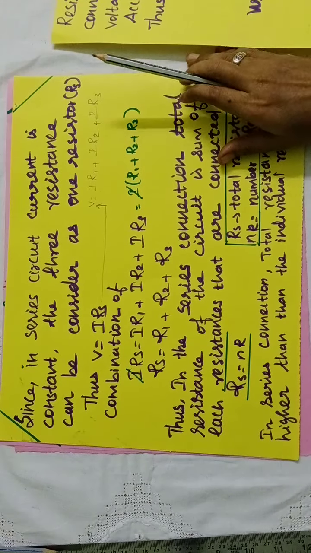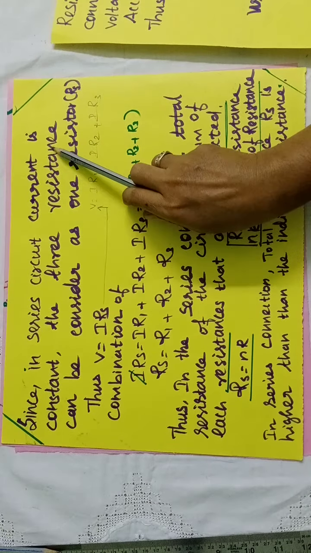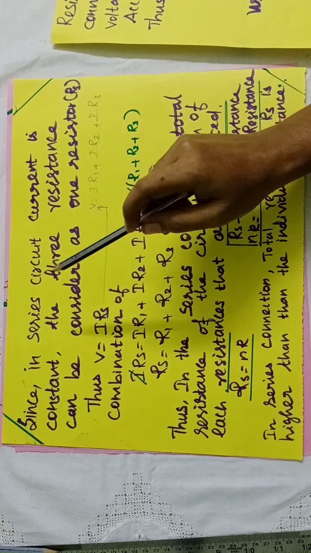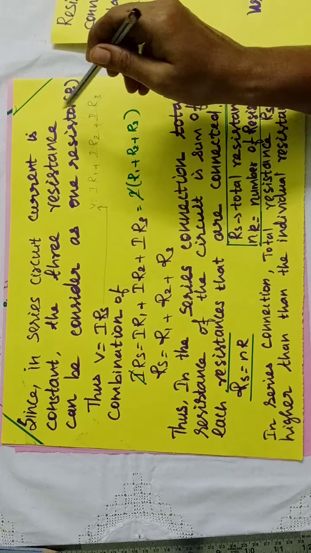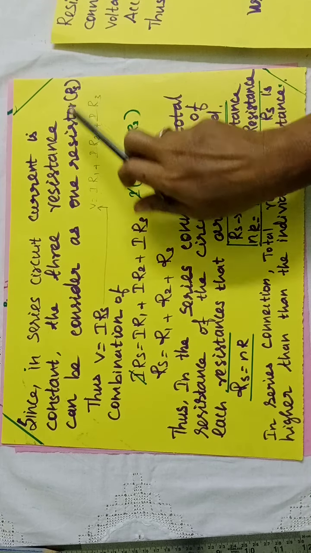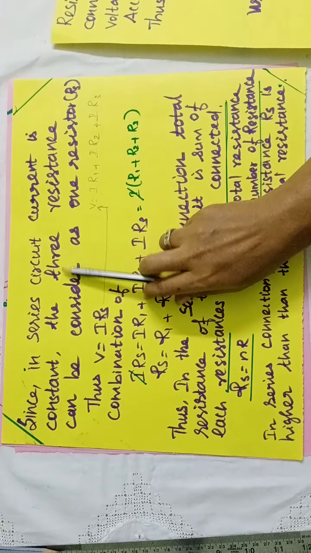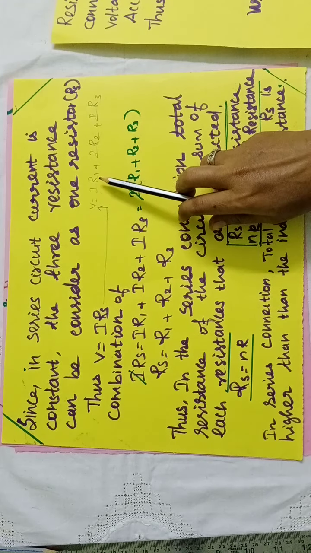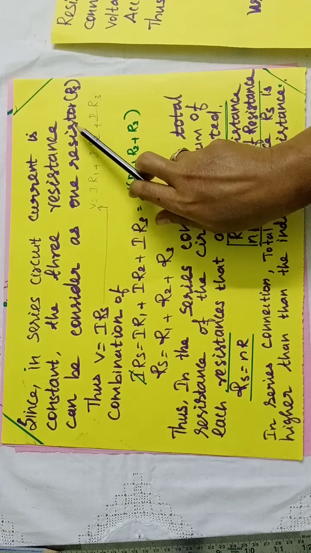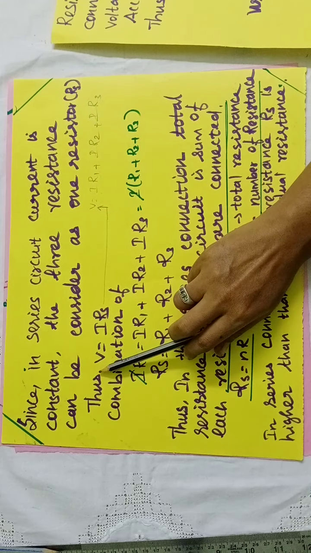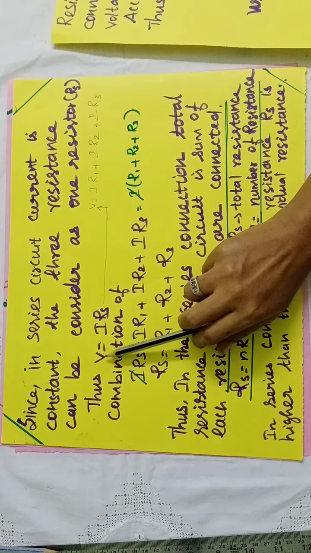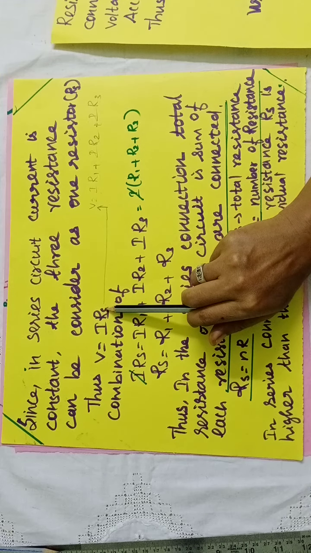Since in a series circuit the current is constant, the three resistances R1, R2, R3 can be considered as one resistor Rs. Thus, V is equal to IRs.